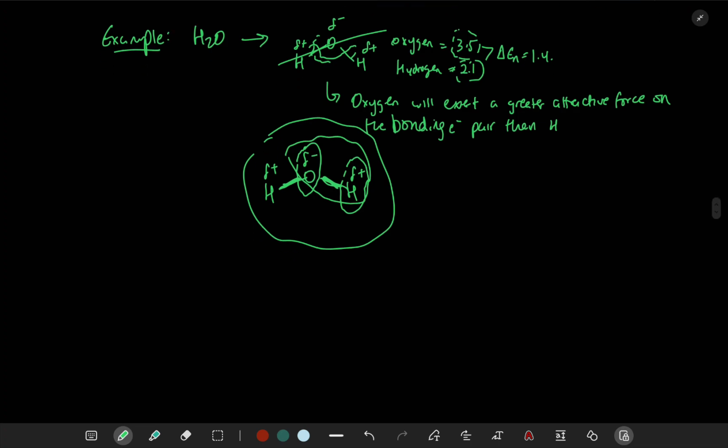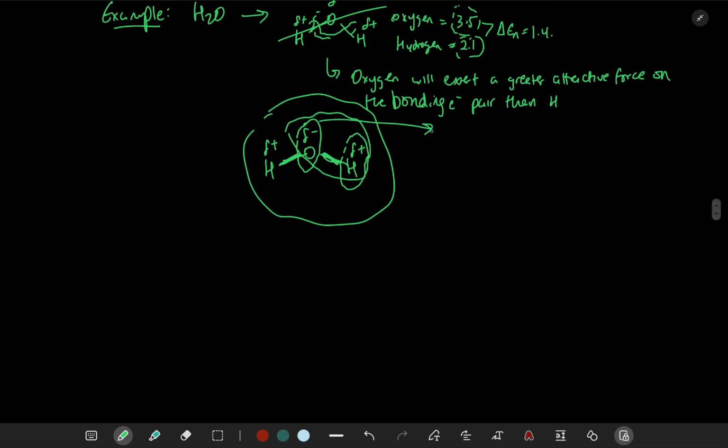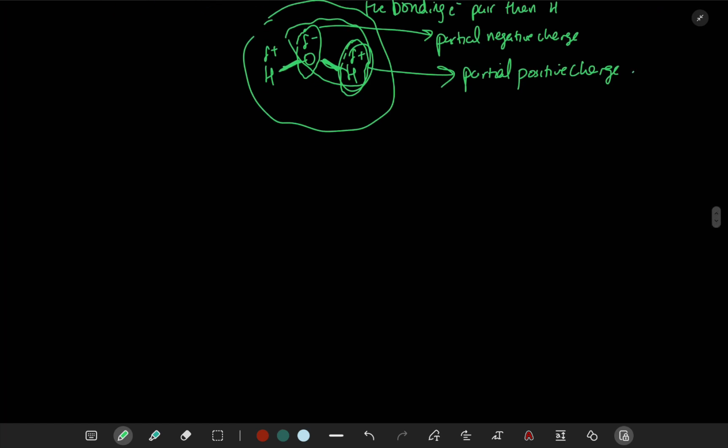And so this is called negative, or I should say partial negative charge, and the hydrogen is going to have a partial positive charge. And there are going to be implications in biology.